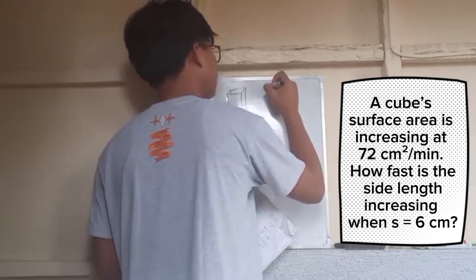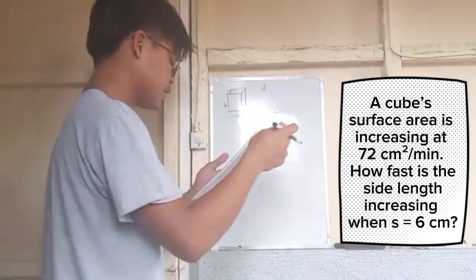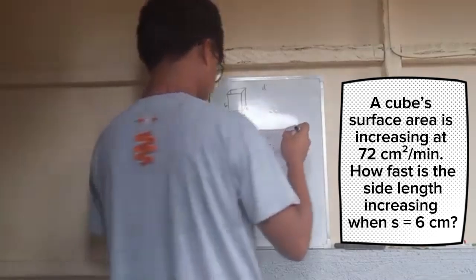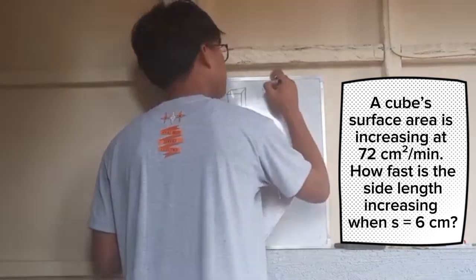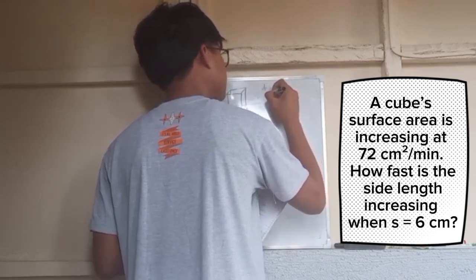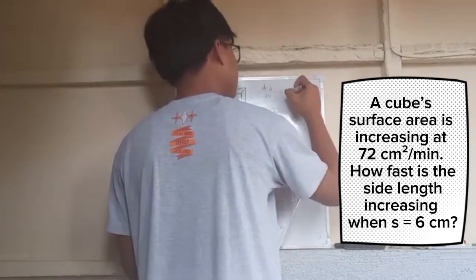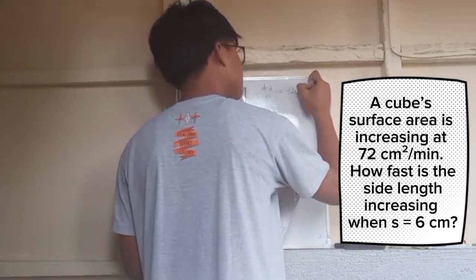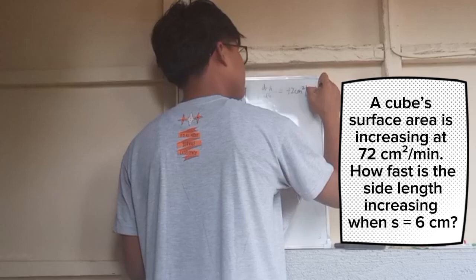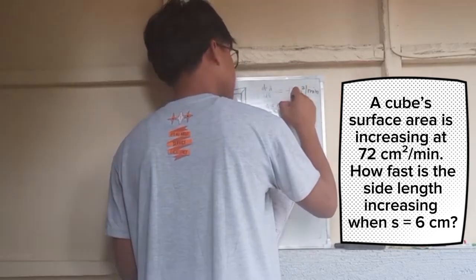So now we'll identify what is given in the problem. It is stated there that the rate of the surface area, so dSA over dt, is equal to 72 centimeters squared per minute. And the side is equal to 6 centimeters.